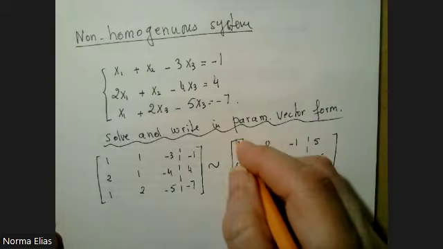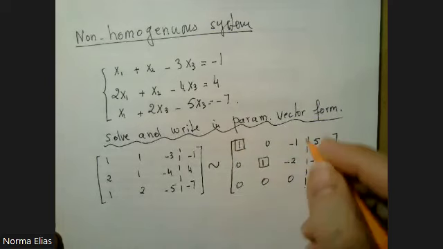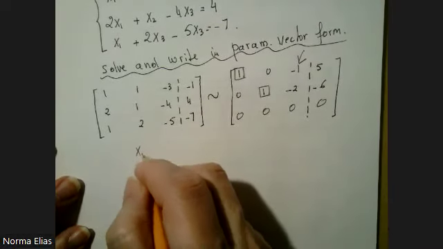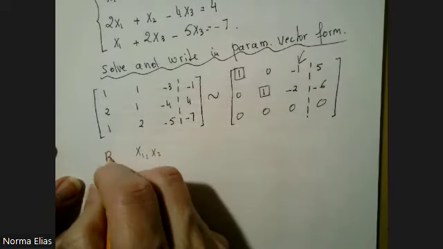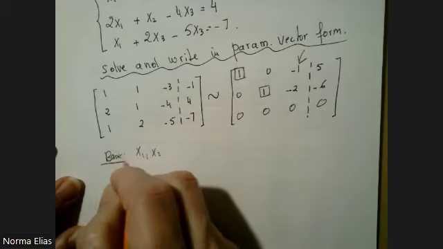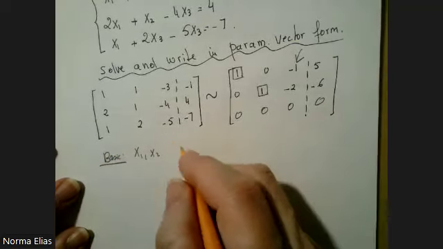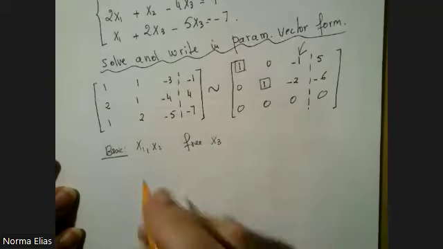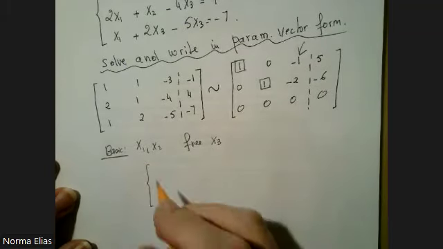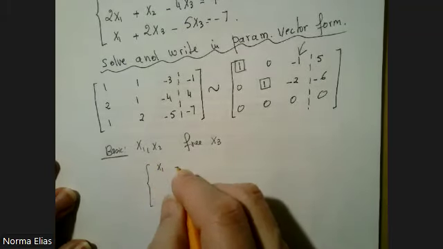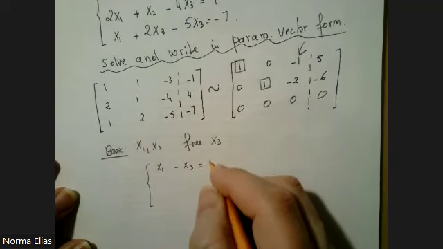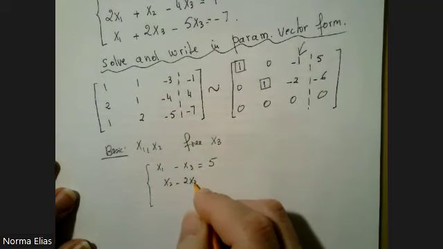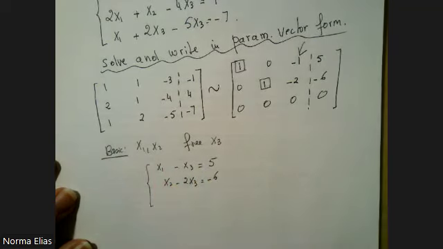So now this is my leading entry, and this is my leading entry. And so as I did before, x1 and x2 are the basic variables, and the free variable is x3. So now let us write the system that corresponds to the augmented matrix. x1 minus x3 equals 5, x2 minus 2x3 equals -6.